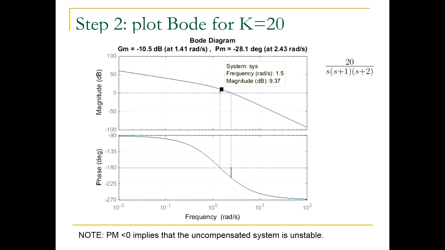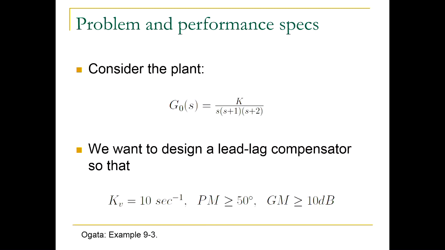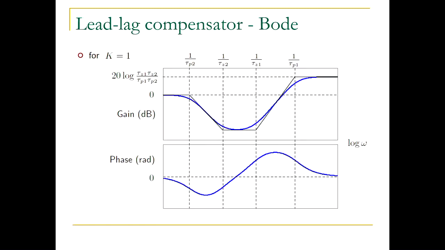Just by looking at this picture and thinking about what the Bode diagram of the lead lag compensator looks like, you can see that we will add some amount of lag at low frequencies, but in our plant we have plenty of phase to spare in the low frequency range.